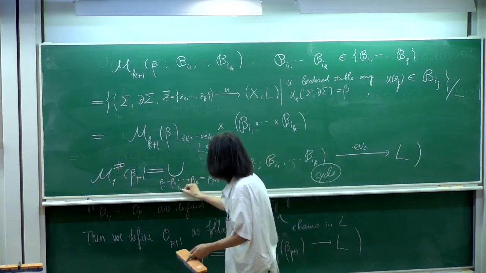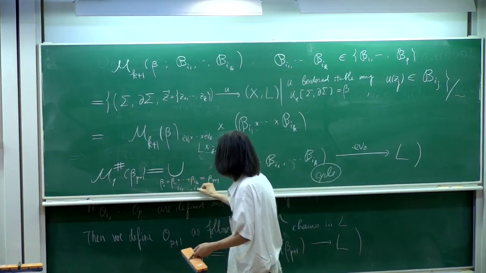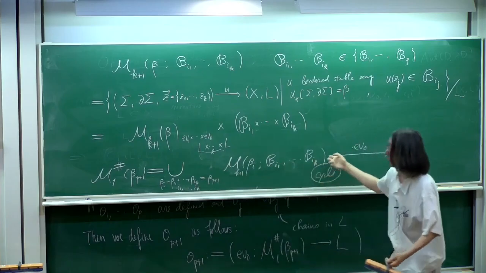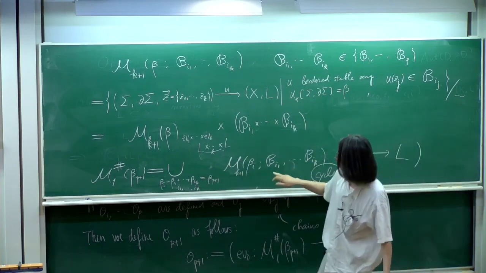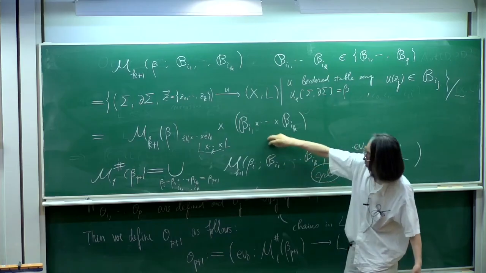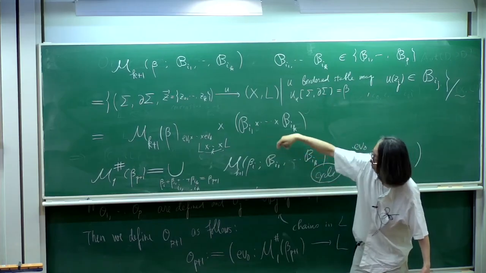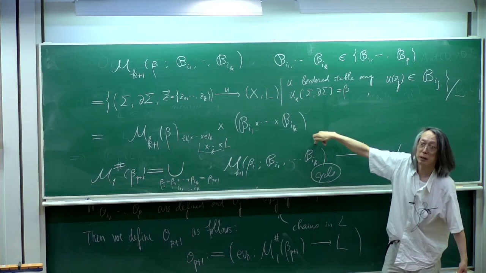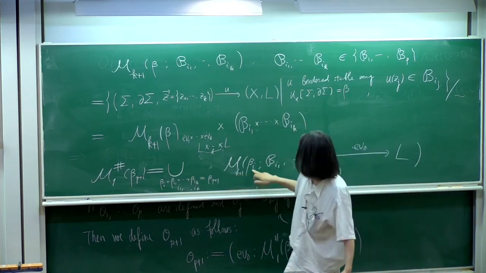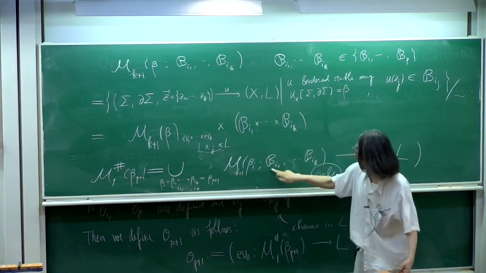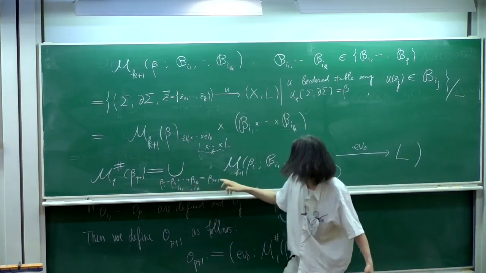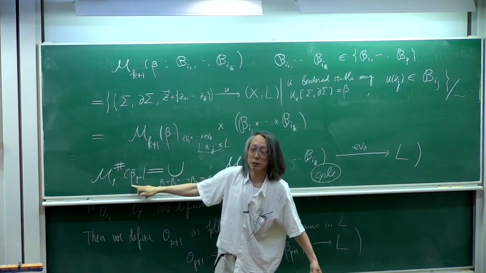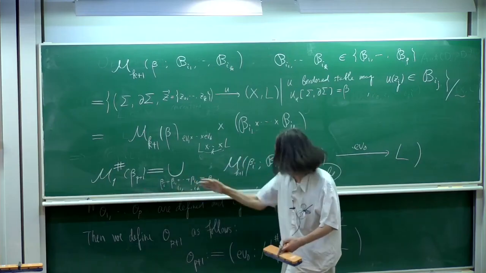So I1 to ik, this is a union of all I1 to ik, and the only constraint is that they correspond to the class G, beta I1 to beta ik. So consider this beta I, and the class is beta I1 to beta ik. If you sum them up, then you get this class. So this is the only constraint, the only condition.